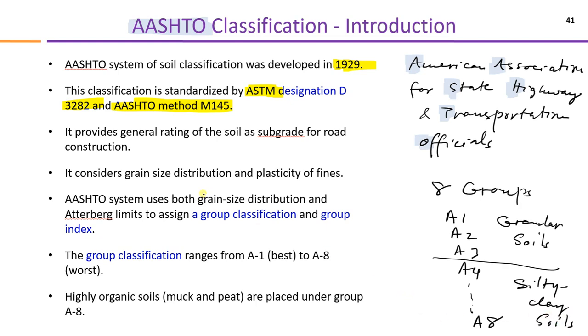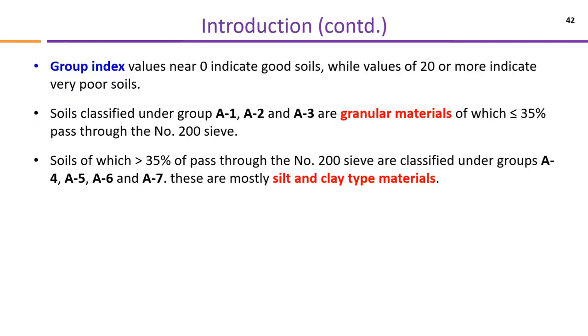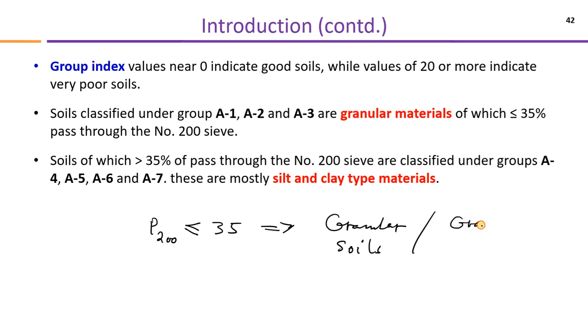The division between these two groups is the percentage passing the number 200 sieve, which is 35%. If the passing number 200 is less than or equal to 35%, the soil is termed granular soil. Granular soil means gravel and sand.